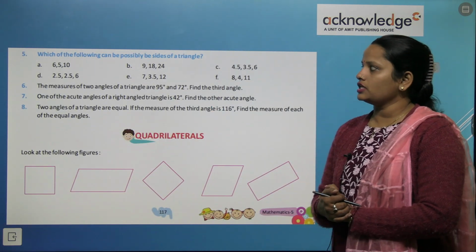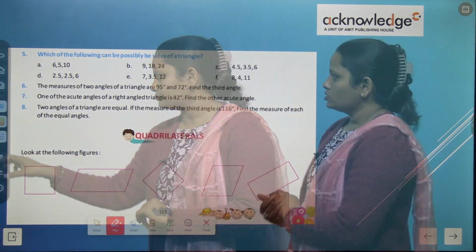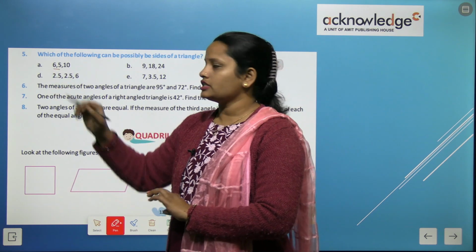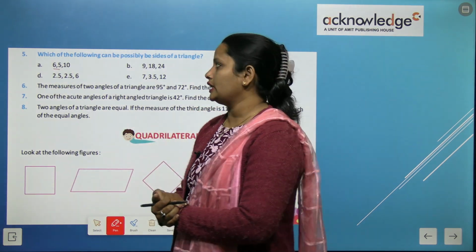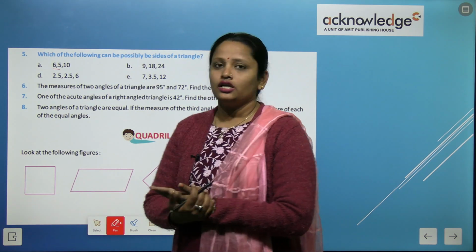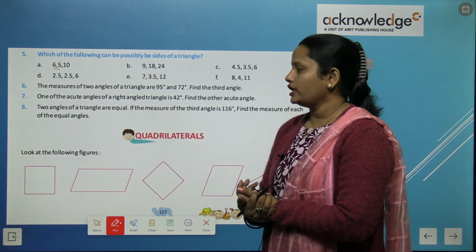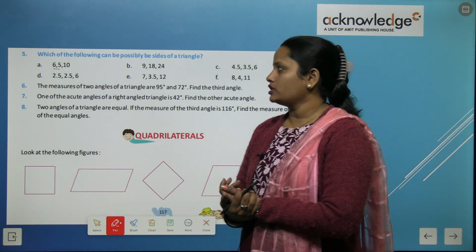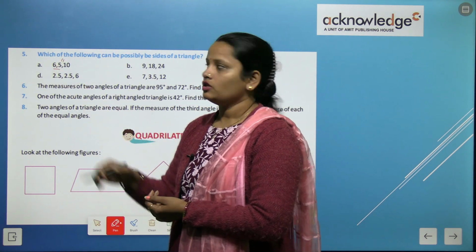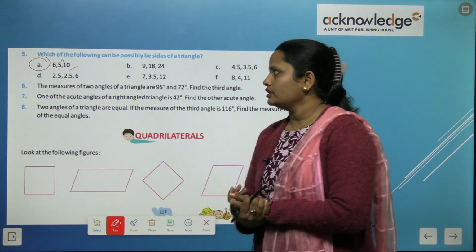Now, next question is which of the following can possibly be sides of a triangle? So here you can see कि children it's written कि जब भी हम किसी भी triangle के कोई भी दो sides को add करते हैं वो हमेशा जो है उसके दूसरे side से bigger होता है. So let's add these. So it's 6 plus 5 is 11. तो ये 10 से बड़ा है, तो this is a triangle.